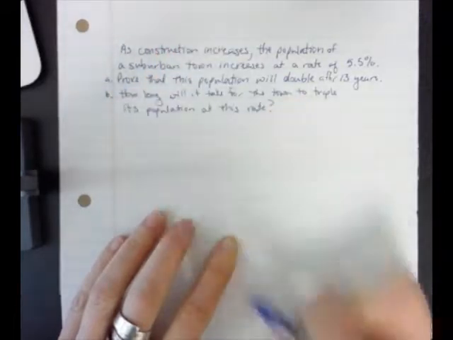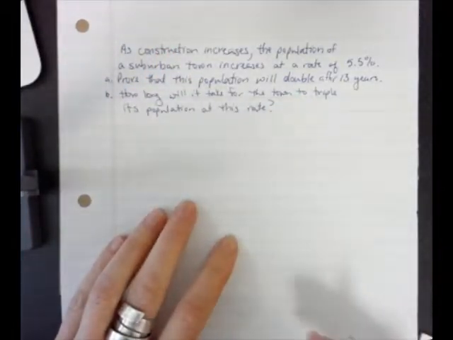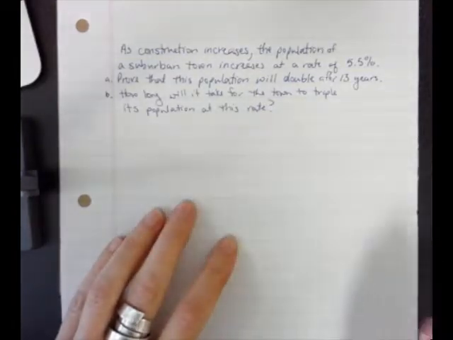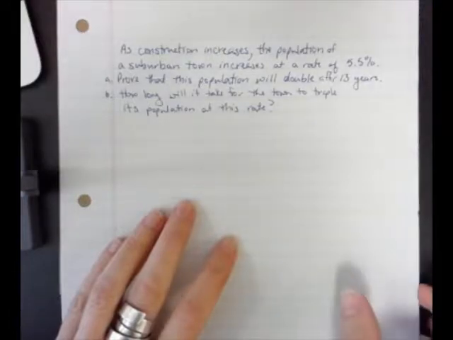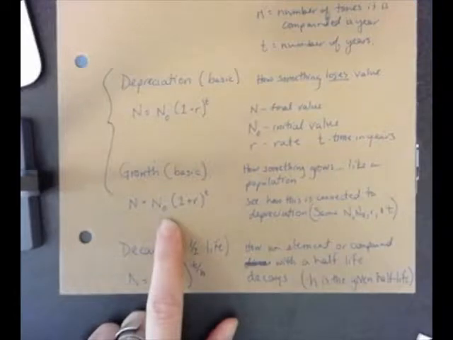If it's going to double after 13 years, I don't really know what the population is, but I can give it a value because I'm just wondering what time it'll take for this population to double. The first thing we have to do is look back at our basic growth formula, N equals N sub 0 times 1 plus r to the t.